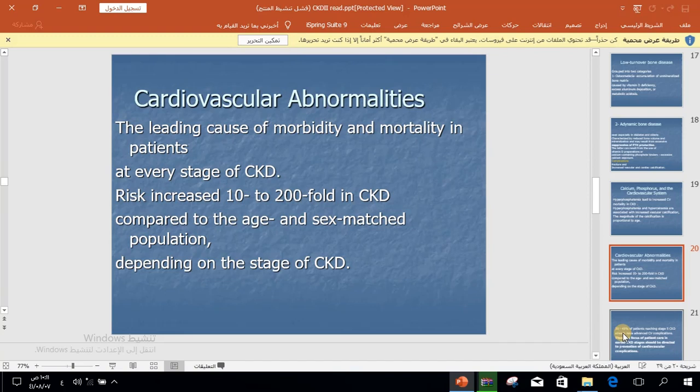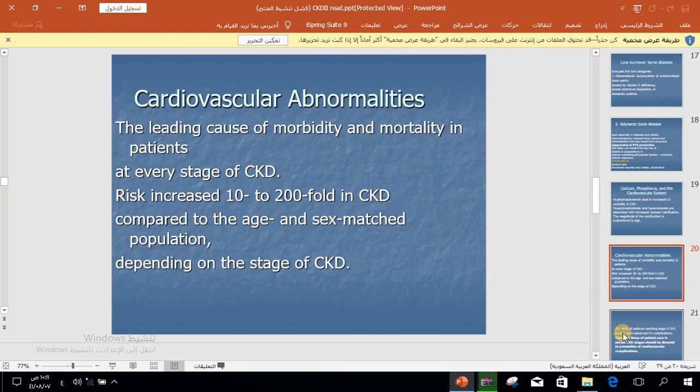To summarize the calcium and phosphate abnormalities in the CKD, it is mediated mainly by low vitamin D and secondary hyperparathyroidism, which leads to reabsorption of the calcium from the bone, and because of lacking vitamin D, this low calcium leads to extra osseous calcification.